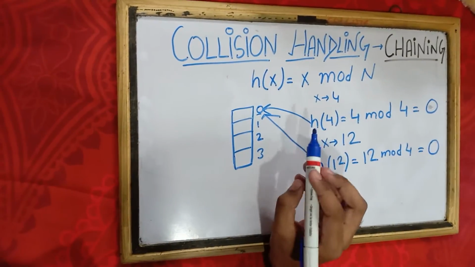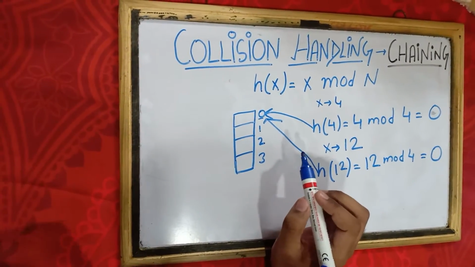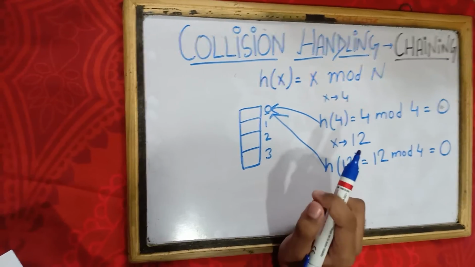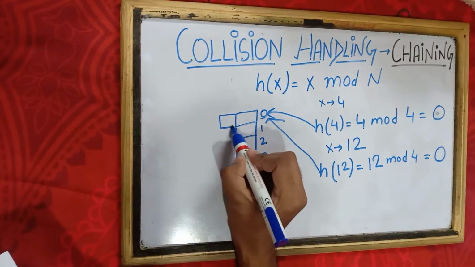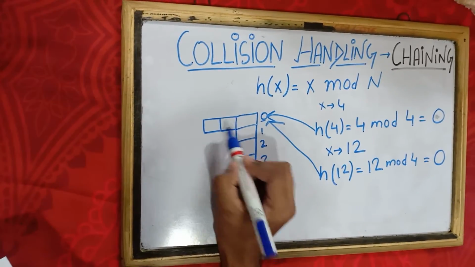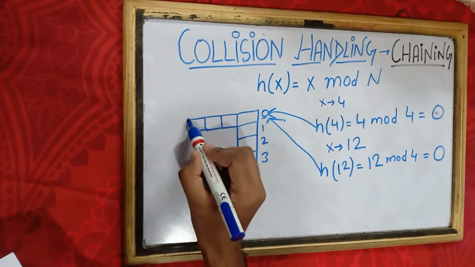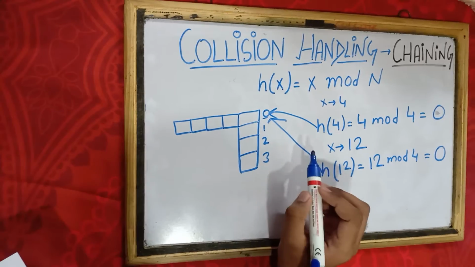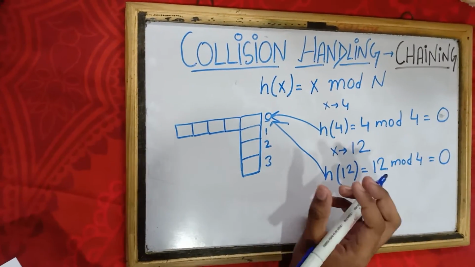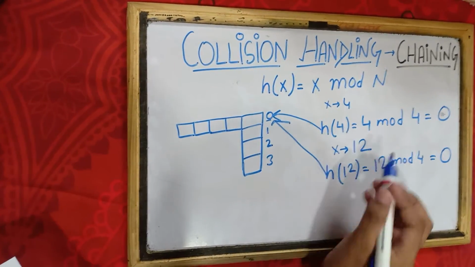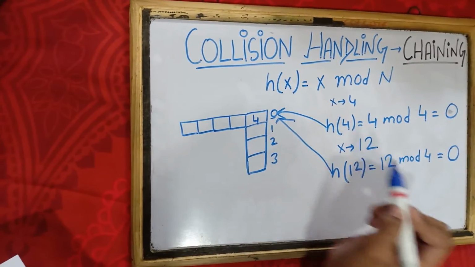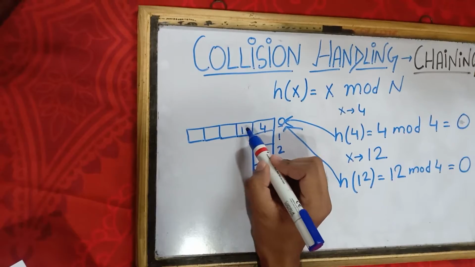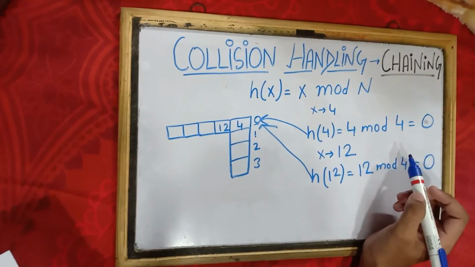Here, the idea is to make each cell of the hash table point to a linked list of records, a linked list of keys which have the same hash value. This means that for h(4), the 4 will come in first, and then h(12) can also come in here.